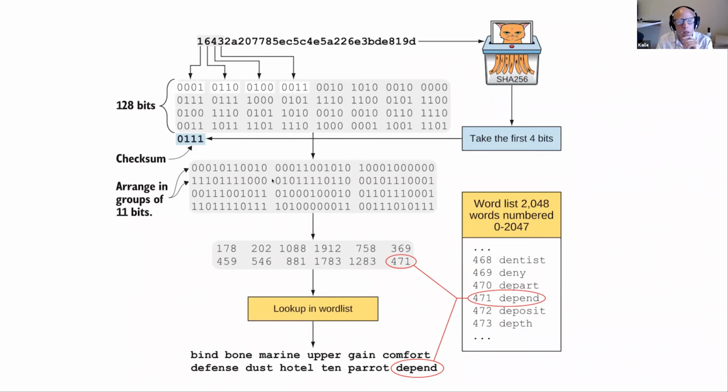And then we rearrange all those bits into groups of 11 bits. As you know, 11 bits can encode 2048 different values. So if we interpret these as unsigned integers, you will get something like this.